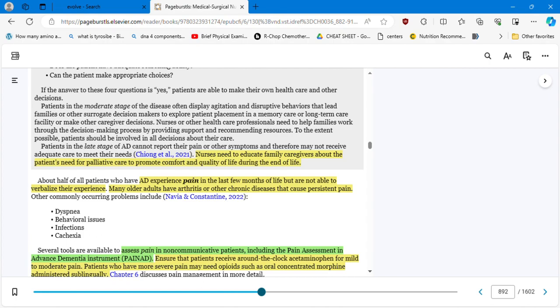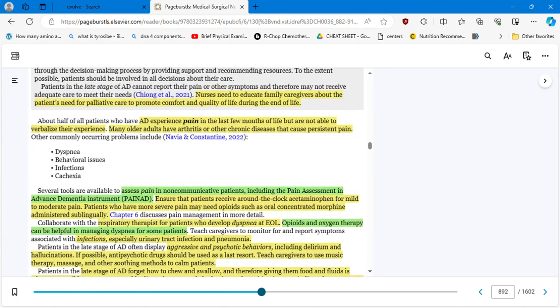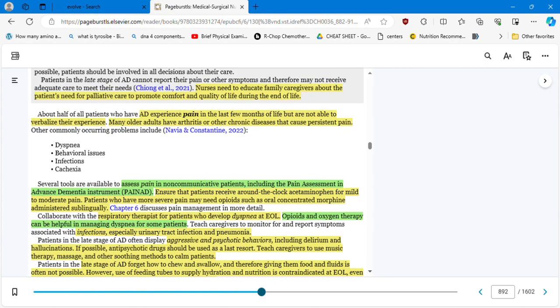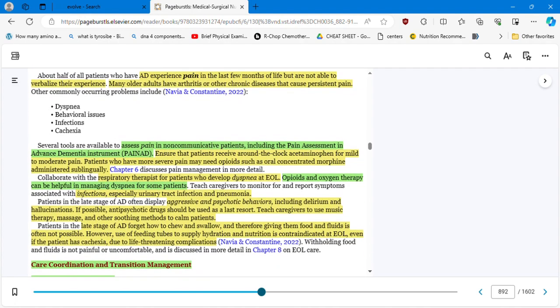Nurses need to educate family caregivers about the patient's needs for palliative care to promote comfort and quality of life during the end of life. Patients with AD experience pain in the last few months of life but are not able to verbalize their experience. Yes, of course. Many older adults have arthritis or other chronic diseases that can cause persistent pain.